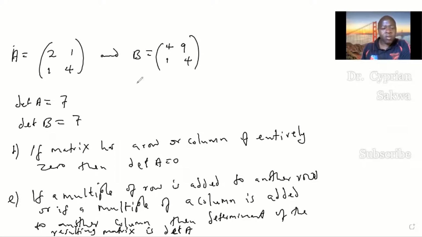So that means multiplying a row by a constant, then adding it to another row, does not change the determinant. The same thing applies to the column. If I multiply a column by a constant, then add it to another column, that will not change the determinant of this matrix.